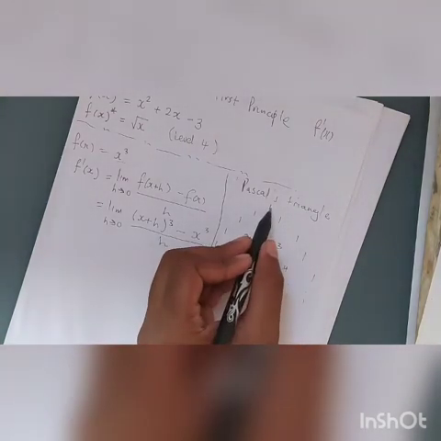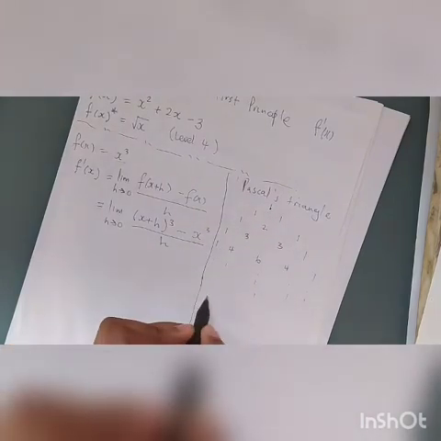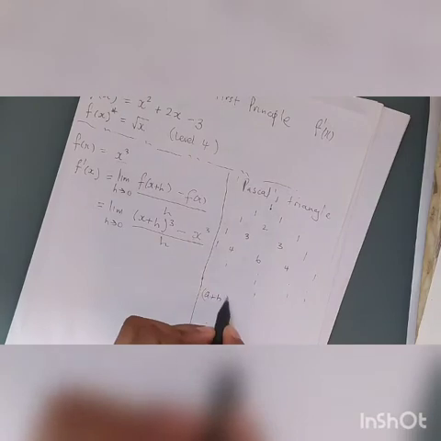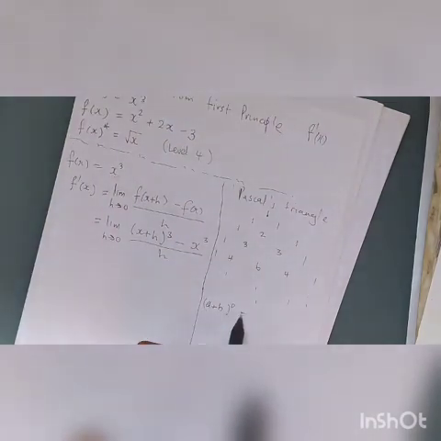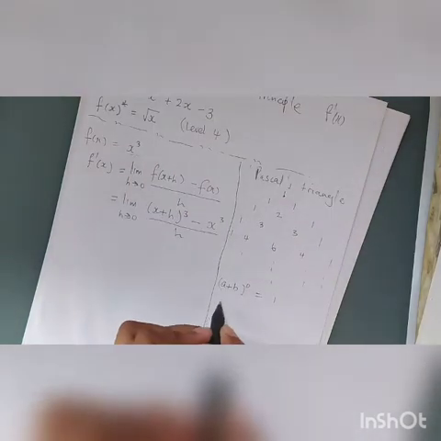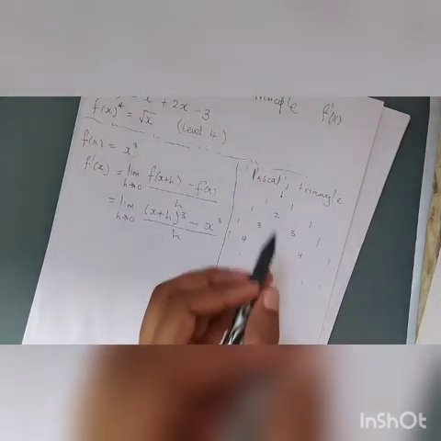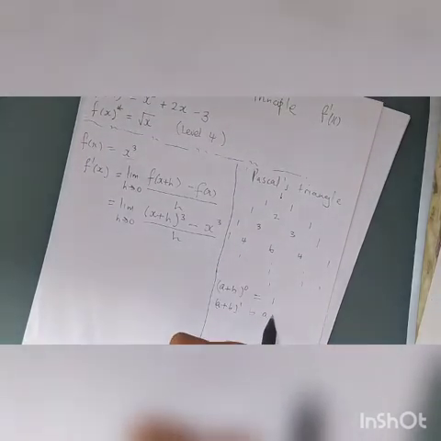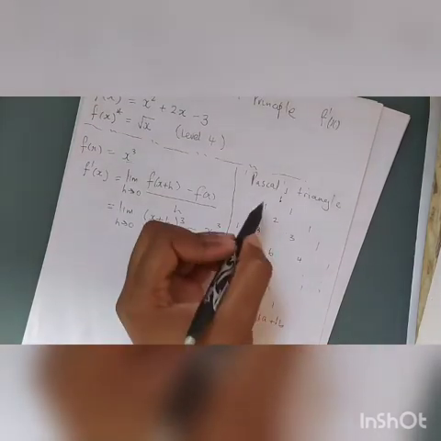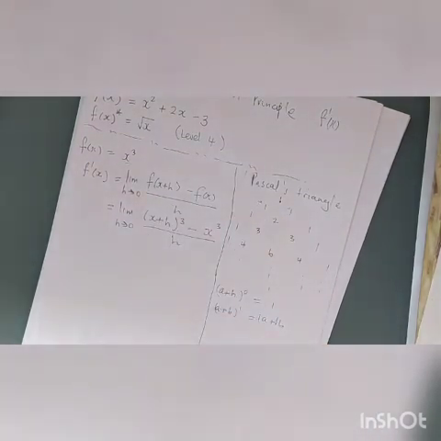So if you have something like a plus b all raised to 0, it will be just 1, because anything raised to 0 is 1. And then if you were to take a plus b raised to 1, you have a plus b. You have these coefficients 1 and 1.